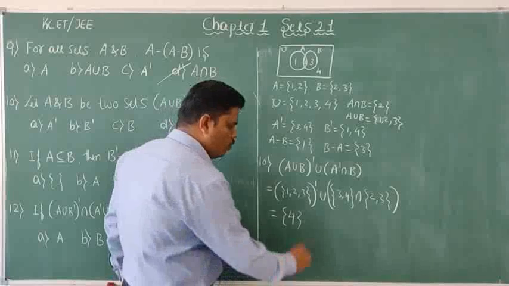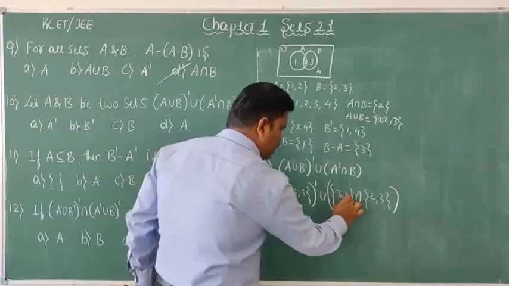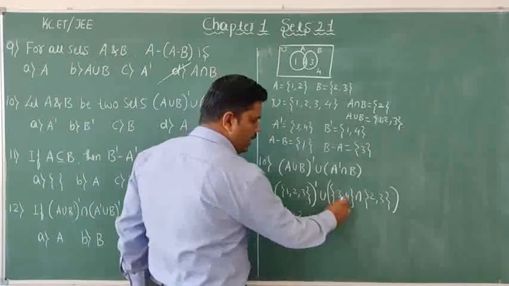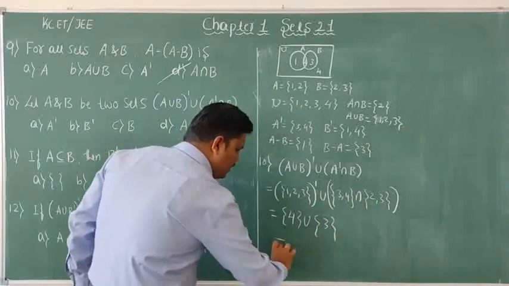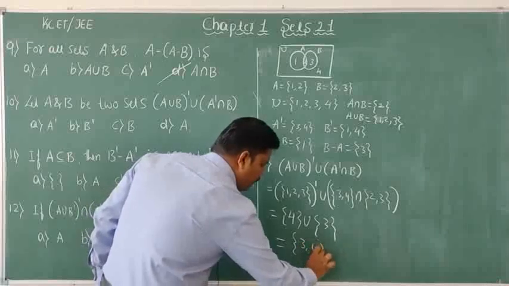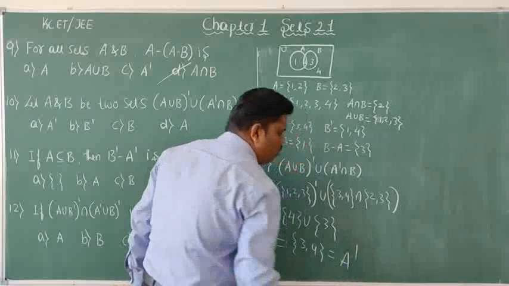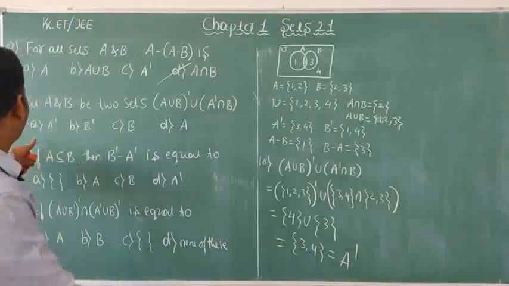The set contains 4. Union, here 3, 4. Intersection 2, 3. The common element is 3. Then union means both elements, 3, 4. So 3, 4 is nothing but A complement.